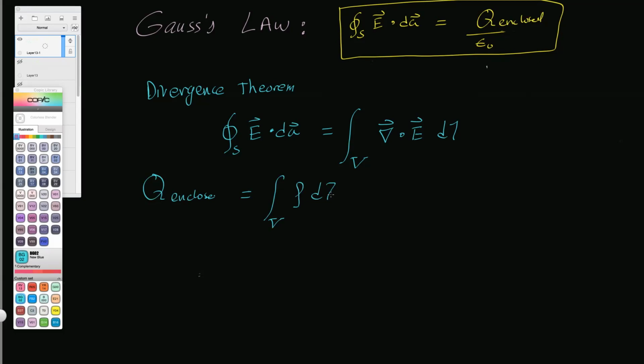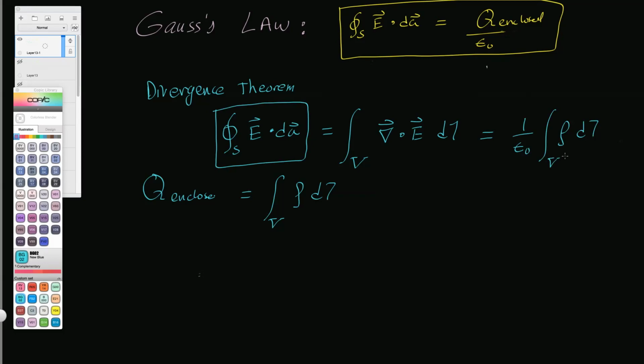So we know that this part is Q enclosed over epsilon naught. That means I can write this as 1 over epsilon naught times the integral of rho d tau over the volume. Notice now that I have two integrals over the same volume.